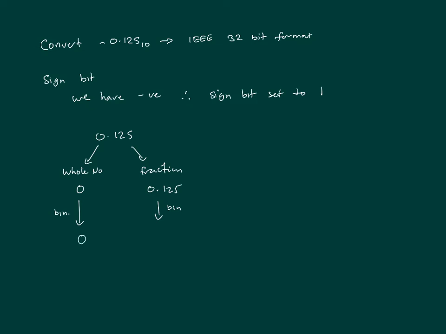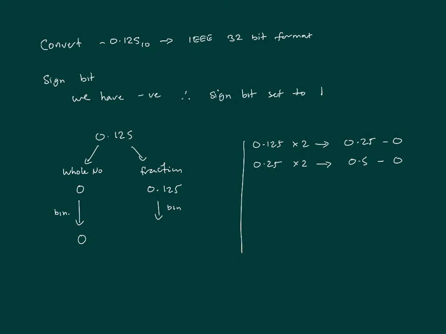So let's now deal with the 0.125. So 0.125 multiplied by 2 gives you 0.25. 0.25 times 2. Remember, each time we subtract the whole number part, so that's 0, and then the result we copy here. So 0.25 times 2 gives me 0.5 minus the whole number.